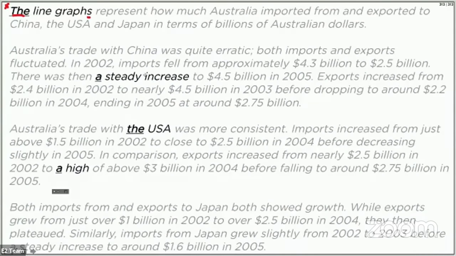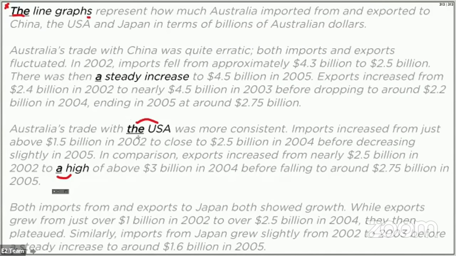A steady increase, an increase, a steady increase. The USA, well, that's just because it's the USA, it's a specific place. It's just a name, like the UK or the USA. A high, increase to a high. So really, I've only got 4 articles here that I could find. Anyway, they're hard to spot sometimes.